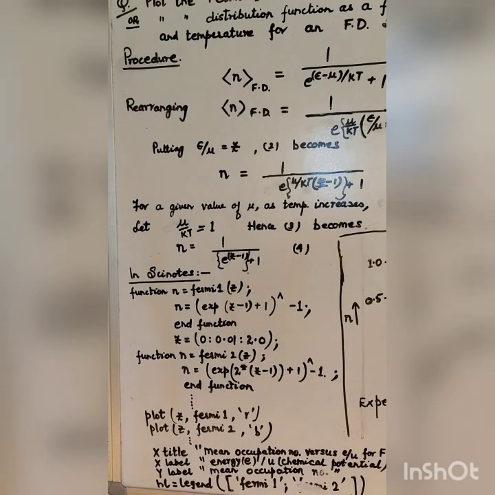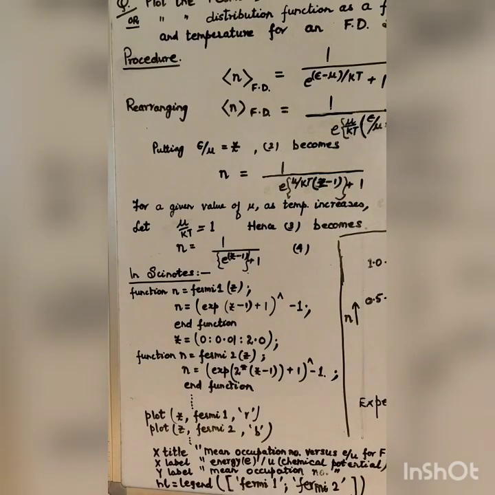This will give you the title of the graph. You will label the x-axis as you've been taught earlier in the classes. You will also label the y-axis, and in the legend you write Fermi1 and Fermi2. I think this is rubbed off a little, but you can see that this stands for nothing but Fermi2. That is all.